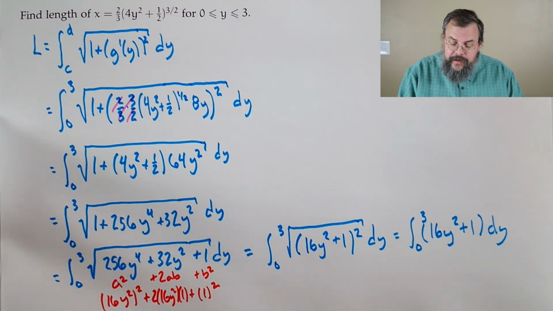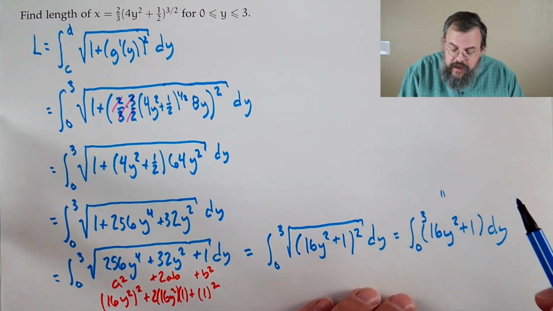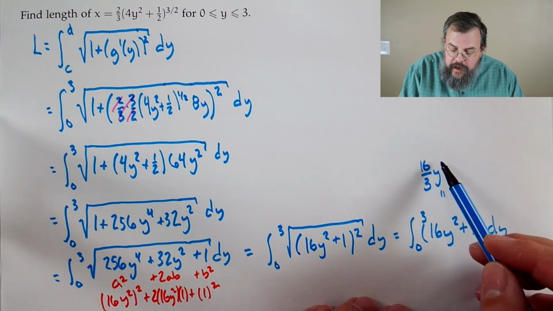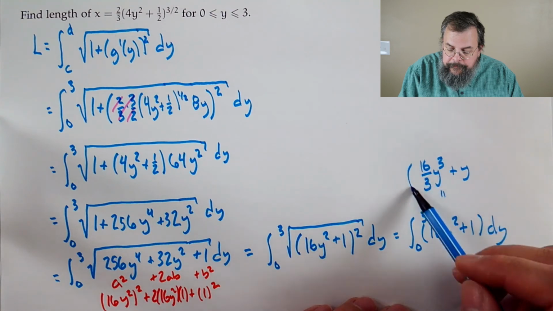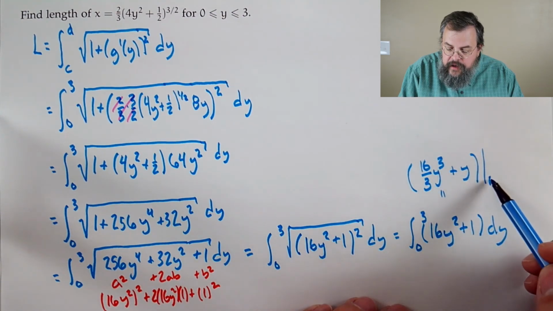So let's see where we end up. We integrate. This would be 16 thirds y cubed plus y, and evaluate 0 up to 3.